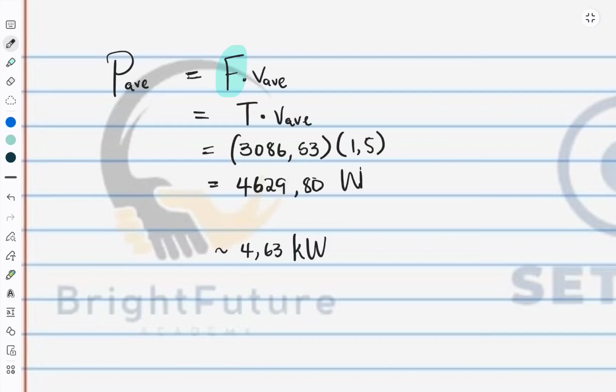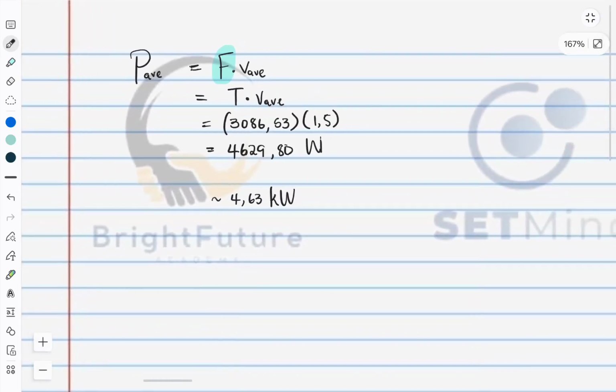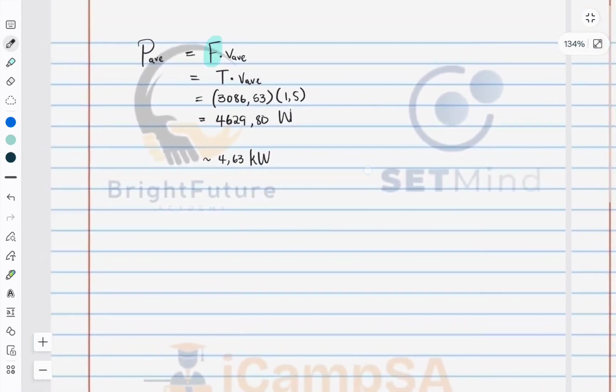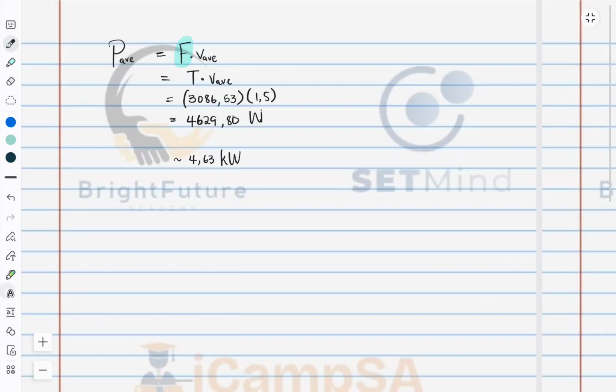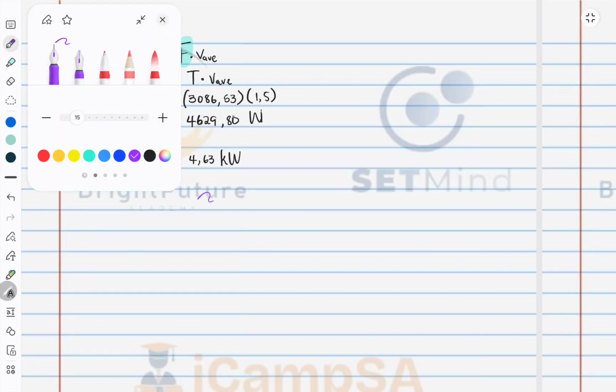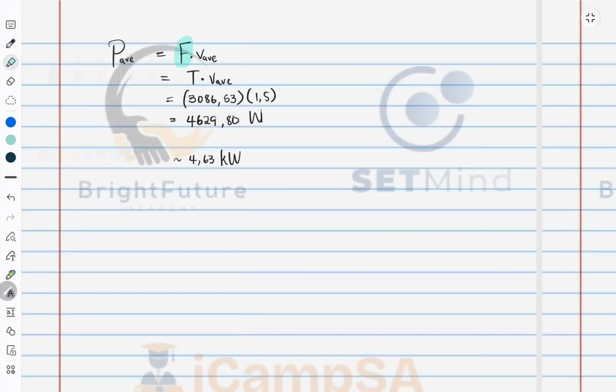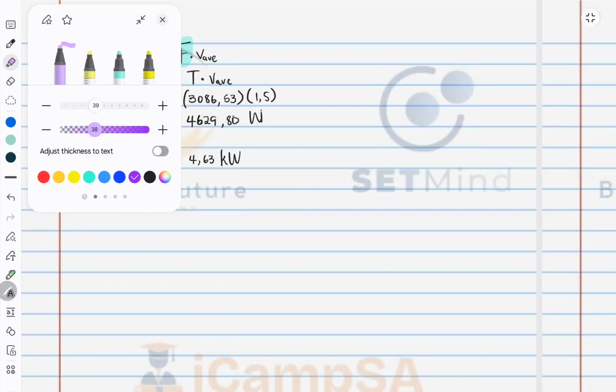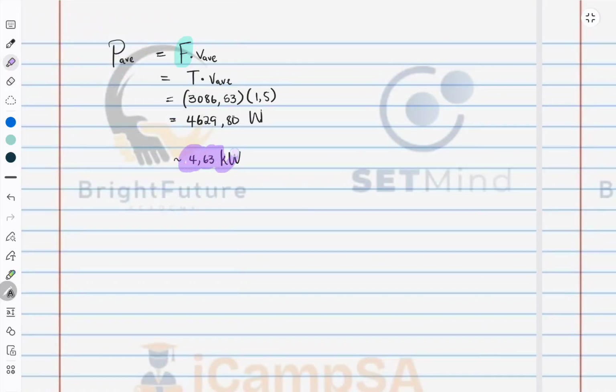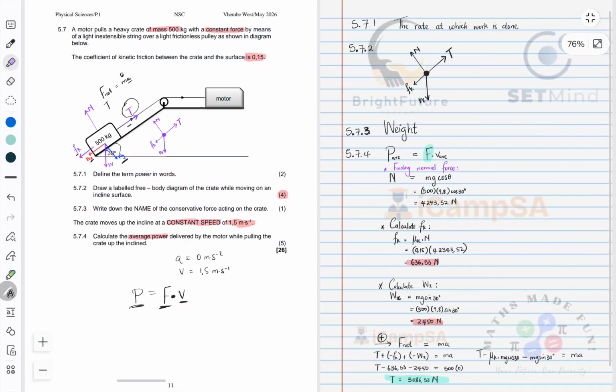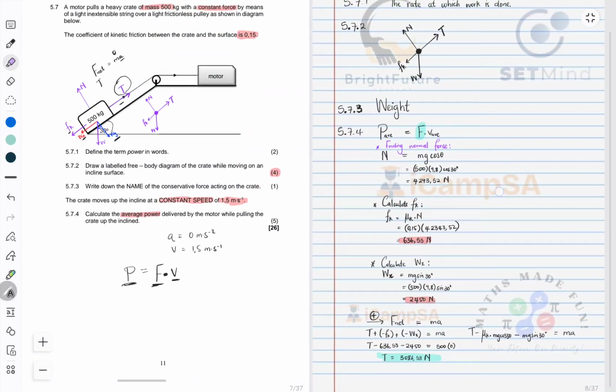So that's how you would answer this particular question. That's our answer right there. Even if you left it here, still fine. They didn't say they wanted it in kilowatts. I'm just showing you how you would have got it in kilowatts. Okay, let's continue.